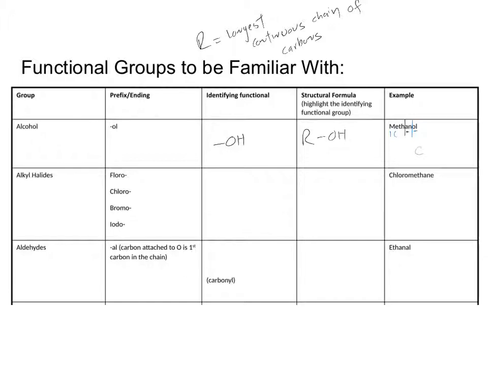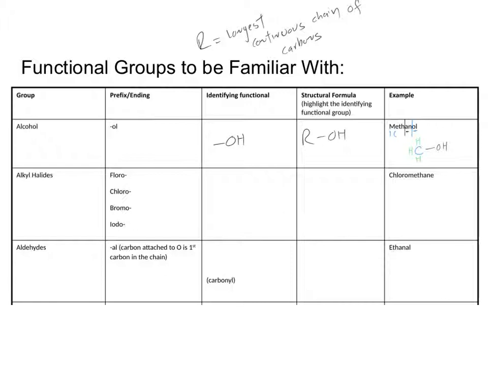So I'm going to draw my carbon, and there are all single bonds. Then attached to the carbon, I'm going to add an OH, because that's what makes it an alcohol. Then I'm going to add hydrogens to make sure that the carbon has 4 bonds. And that's it. That's methanol. In your notes packet, you see 1-propanol. We'll talk about that one at the end, because I don't necessarily have the room for it here.